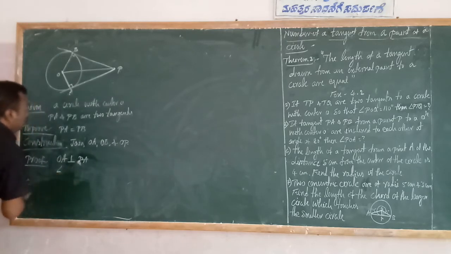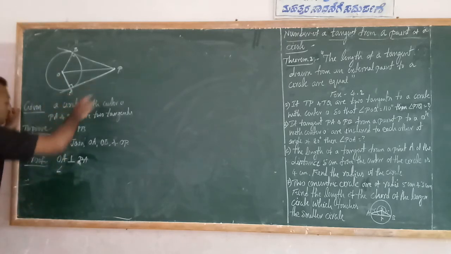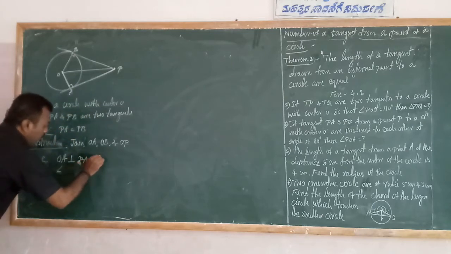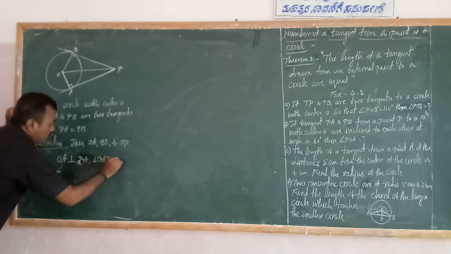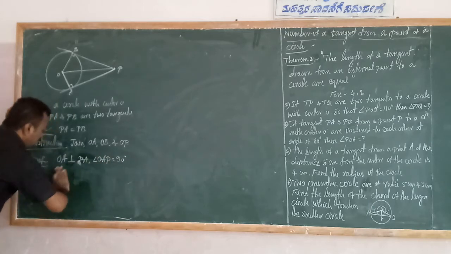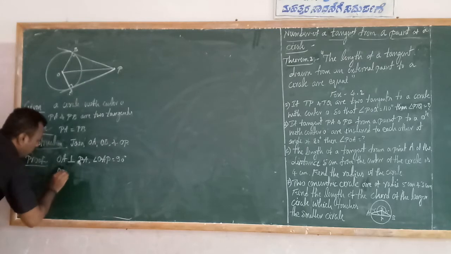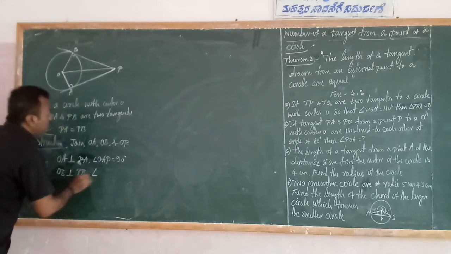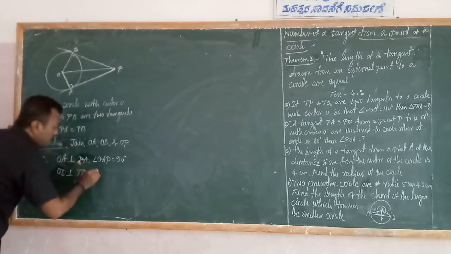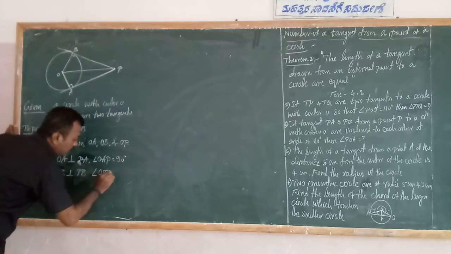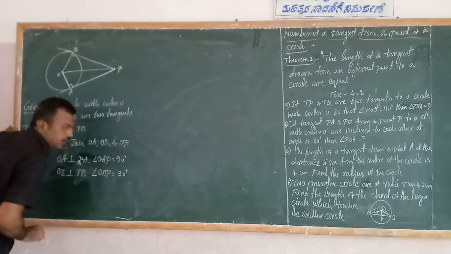OA is perpendicular to PA. Therefore angle OAP is equal to 90 degrees. OB is perpendicular to PB, so again angle OBP is equal to 90 degrees. Is it right?